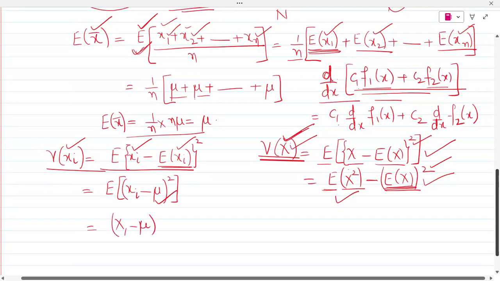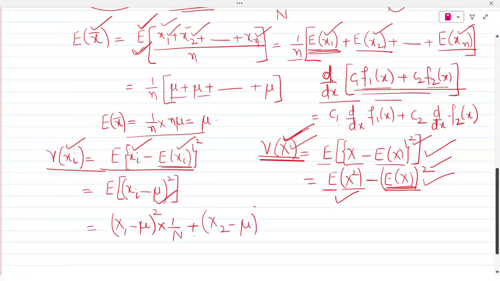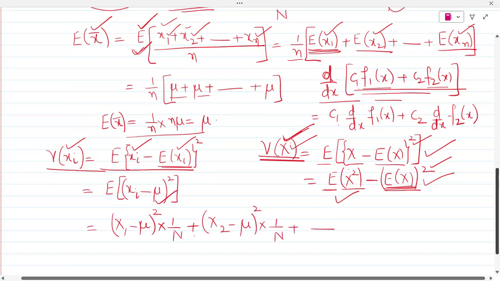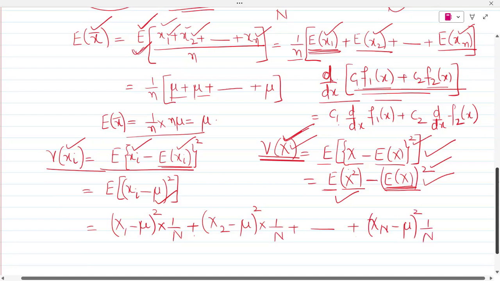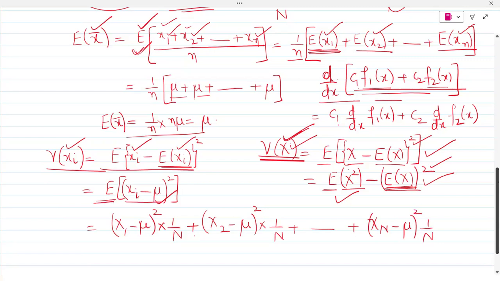X1 minus mu whole square into 1 by n, plus, and so on. Now, the expected value of xi means the expected value of some function. This mu and its square are constants. Please mind, mu is the mean, and the mean is always constant, and its square is also constant. So mu takes the value mu, a constant 7 takes the value 7, and a square takes the value square.